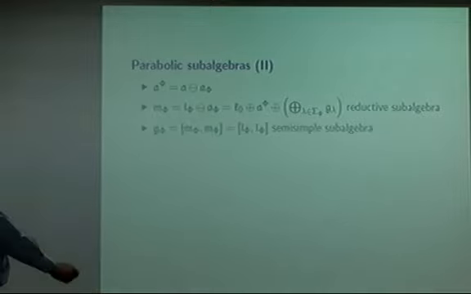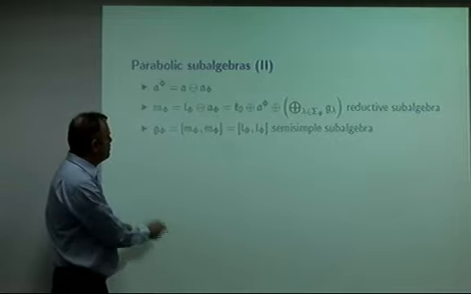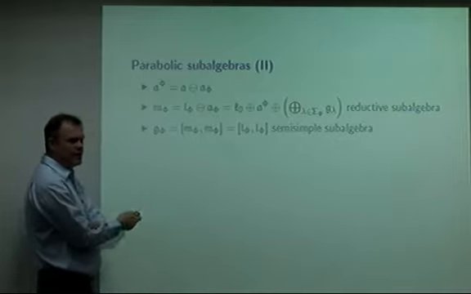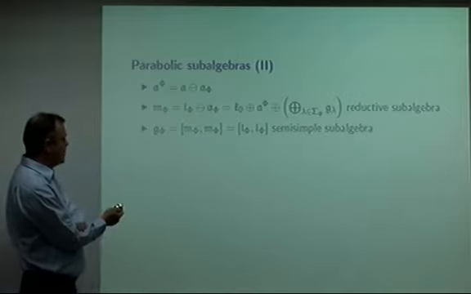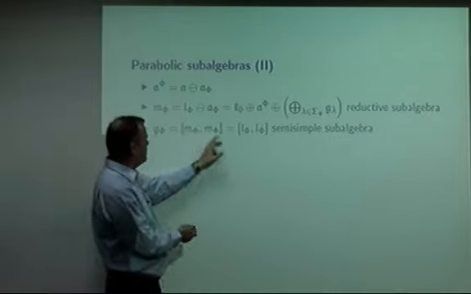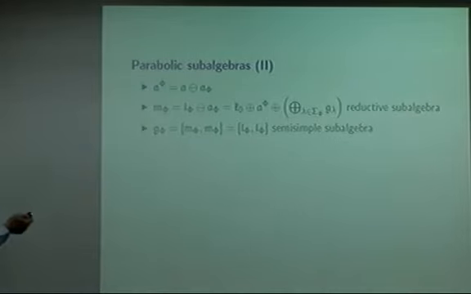It's really a small change. And then when we take the derived subalgebra, so we bracket M with itself, what we get is a semi-simple subalgebra. Or this is actually the same subalgebra that we get when we bracket L with itself.